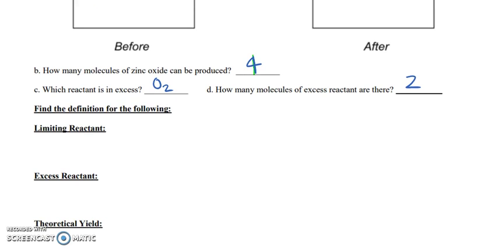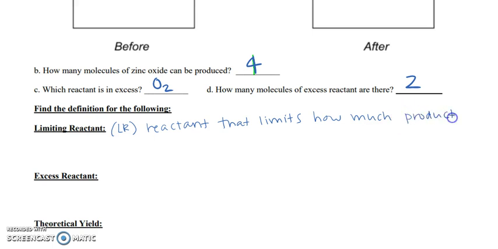So for limiting reactant, the definition for limiting reactant, which you'll probably see me abbreviate over and over as LR, the limiting reactant is the reactant that limits how much product can be produced.